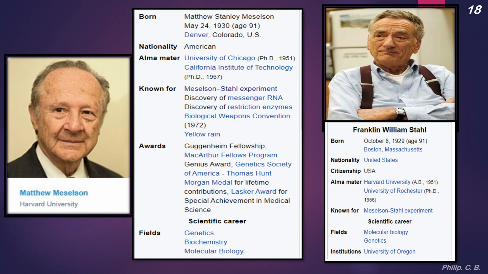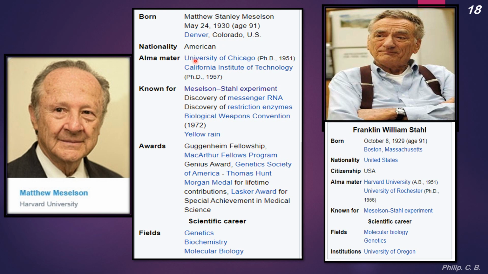Just a little bit more information about the scientists. Matthew Meselson, as I mentioned in an earlier slide as well, is from Harvard University. Matthew Stanley Meselson was born May 24, 1930, in Colorado, US.